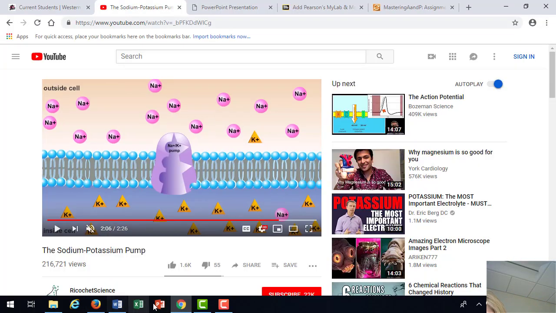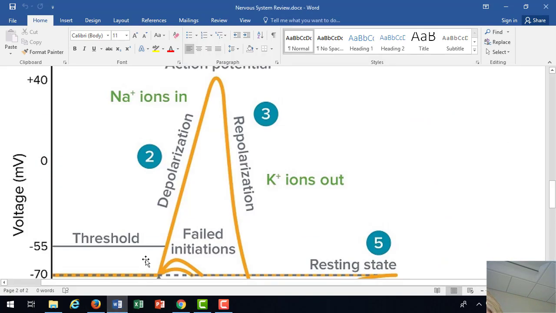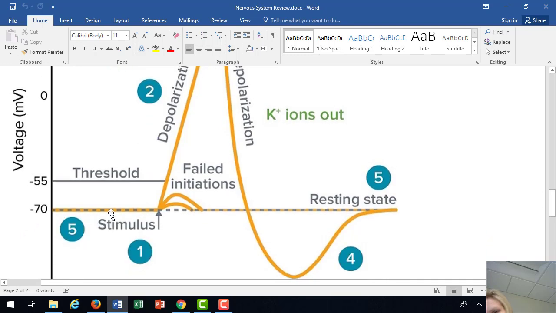If I'm sitting out here at -70, like in this diagram here, -70 is the resting membrane potential, and that was established by the sodium-potassium pump, negatively charged proteins, and all these extra leak channels for potassium, which is causing more potassium to leave than positively charged sodium to come in. We have this -70 value. Now I apply a stimulus to it. So I stimulate the dendrites, which in most cases open up sodium channels. What happens to that -70 if I bring in positive sodium through special channels?